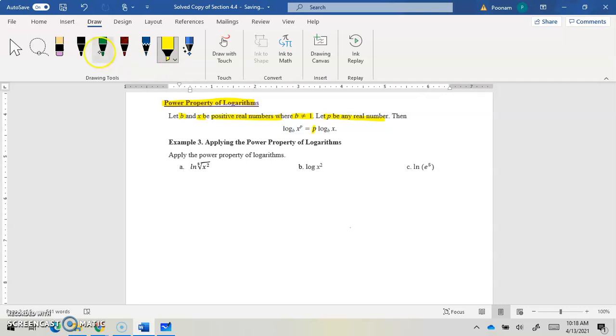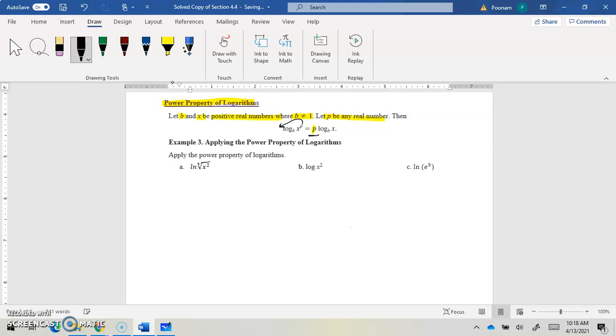It will become p times log of x with the base b. So that is how I remember it: for log of x raised to power p with any base, the power comes out of the log. It comes up in the front, p times log of x with the same base. Let's see how we can use this to solve.